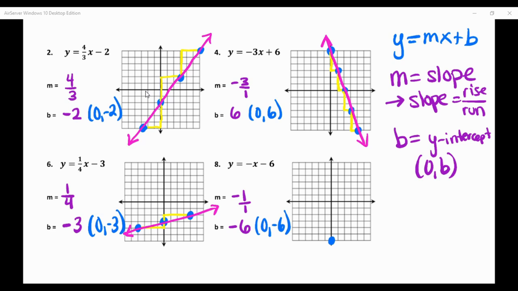A negative slope needs one positive direction and one negative direction. So we'll go up 1 to the left 1, up 1 to the left 1. And you can follow this pattern and graph as many points that can fit on the coordinate plane.